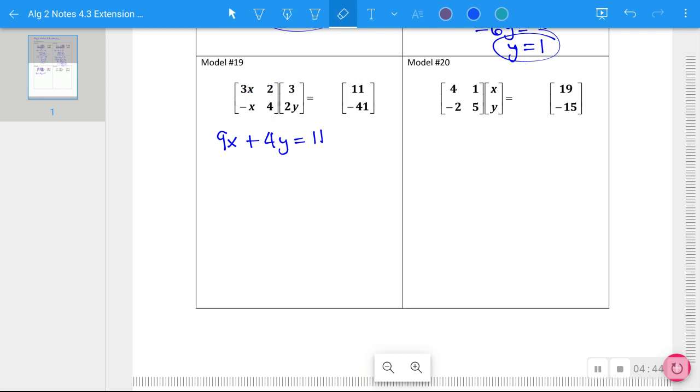Then we're going to shift gears to the bottom row this time. Bottom row times the only column gives the bottom row only column over there. And this times this would be negative 3x. Plus 8y would be the next one, and that's negative 41.